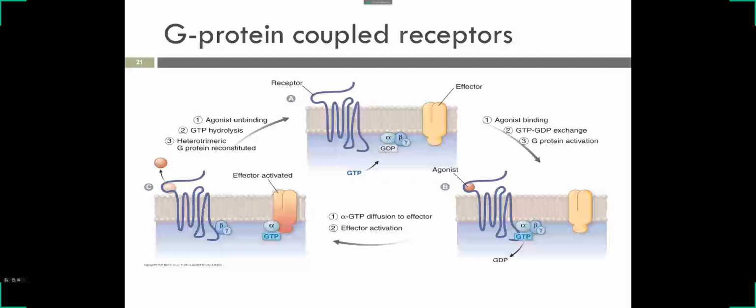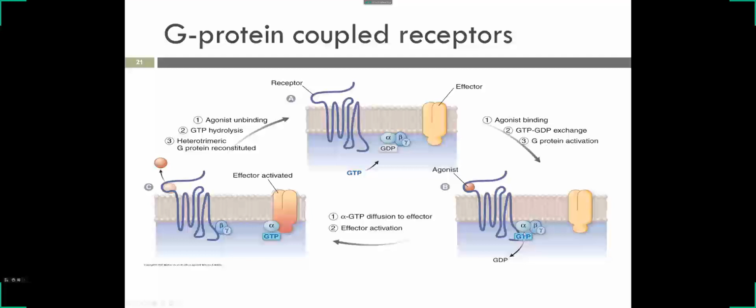So, the cycle is, first, you have our receptor and you have our heterotrimeric complex bound to GDP. When an agonist binds to the receptor or a hormone binds to the receptor, you have an exchange of GTP for GDP.